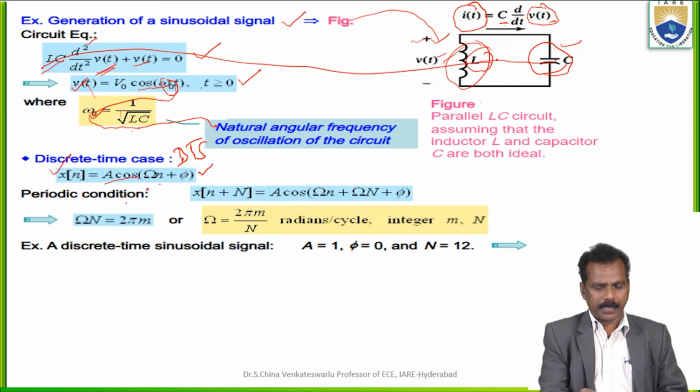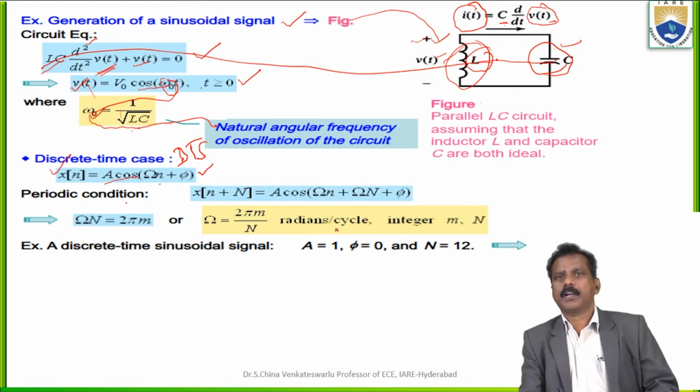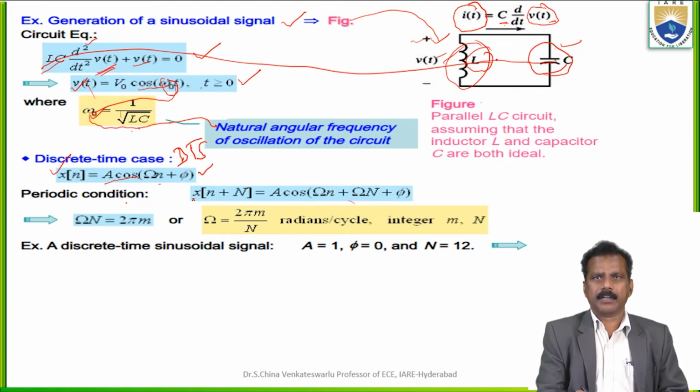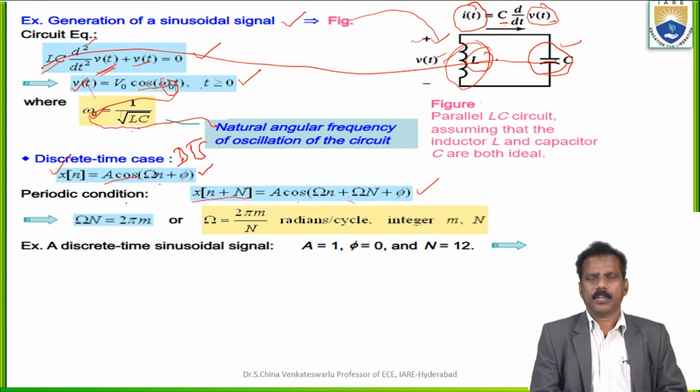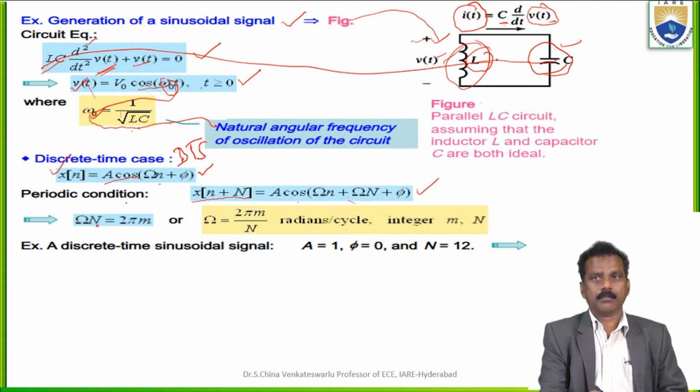The periodic condition is x of n plus N equals A cos of omega n plus omega capital N plus pi. Here omega N is specified as 2 pi m, or omega is 2 pi m over N radians per cycle, for integers m and N.